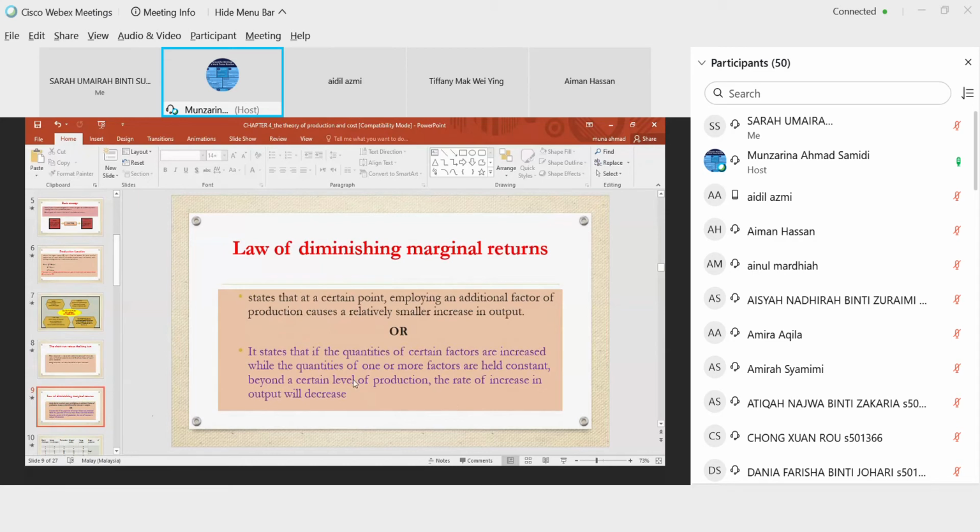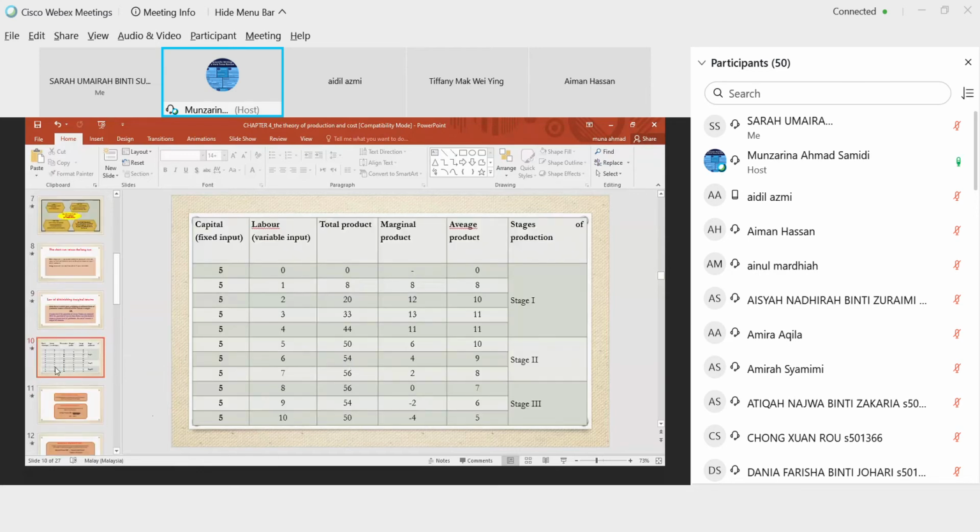The law of diminishing marginal return says that if the quantities of certain factors, the variable factors, are increased, while the quantities of one or more factors are held constant, fixed, then beyond a certain level of production, the rate of increase in the output will decrease.